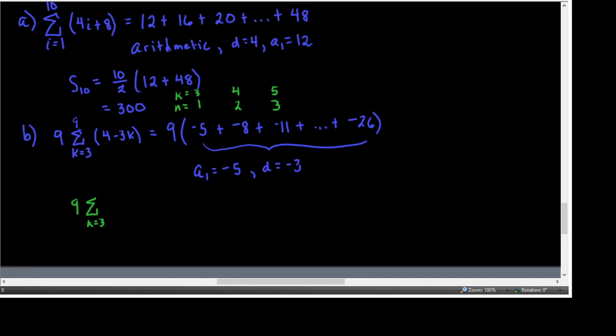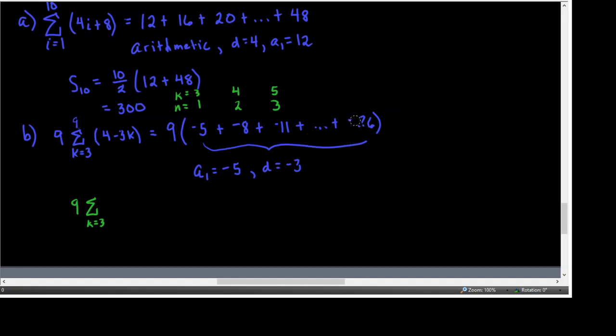Okay, so let me get this back. K equals 3 gave us -5, K equals 4 gave us -8, etc. And that number's wrong too because I used 10. Oh my gosh.